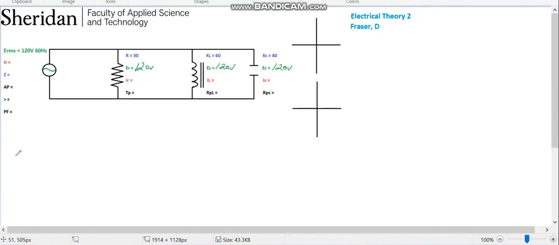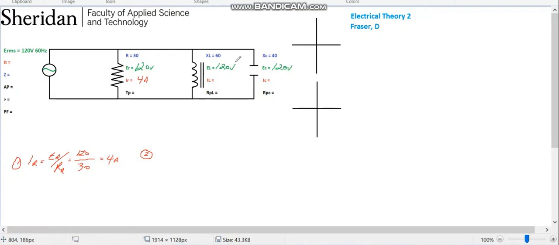So step number one, I would say IR is ER over R. So the voltage is 120 divided by 30. So I've got 4 amps here to start me off. And then step number 2, we could do this one here because we didn't have to use our 2 pi FL or our 1 over 2 pi FC.